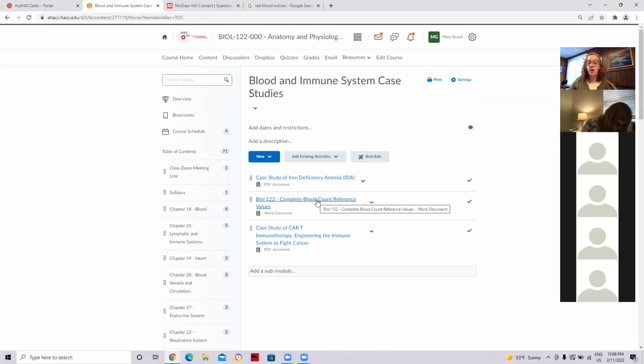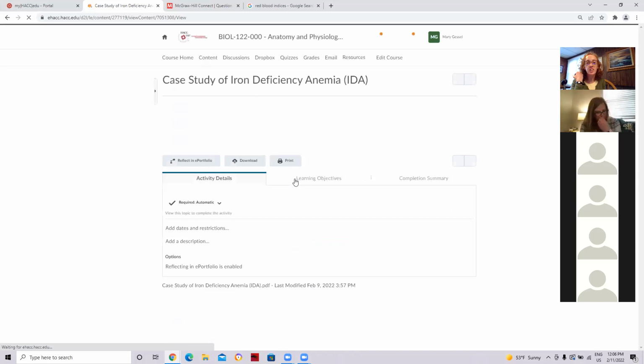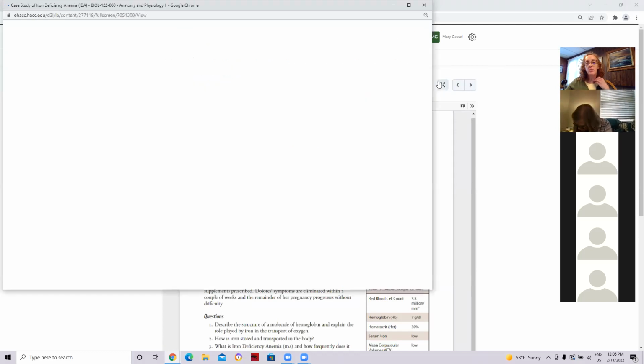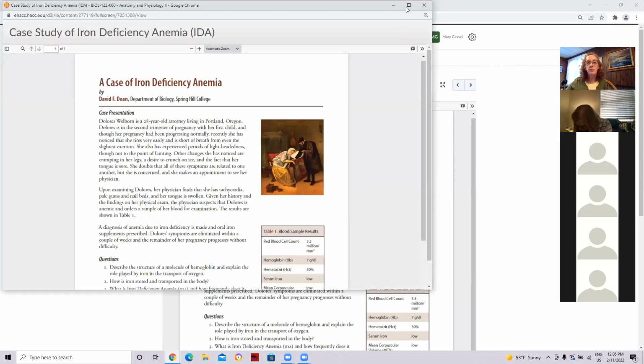The numbers for what's normal values are in this second link. So let's look at the case study and see what it says. This is a case study about iron deficiency anemia. I'll expand it out and read it to you. Give me 1 second.